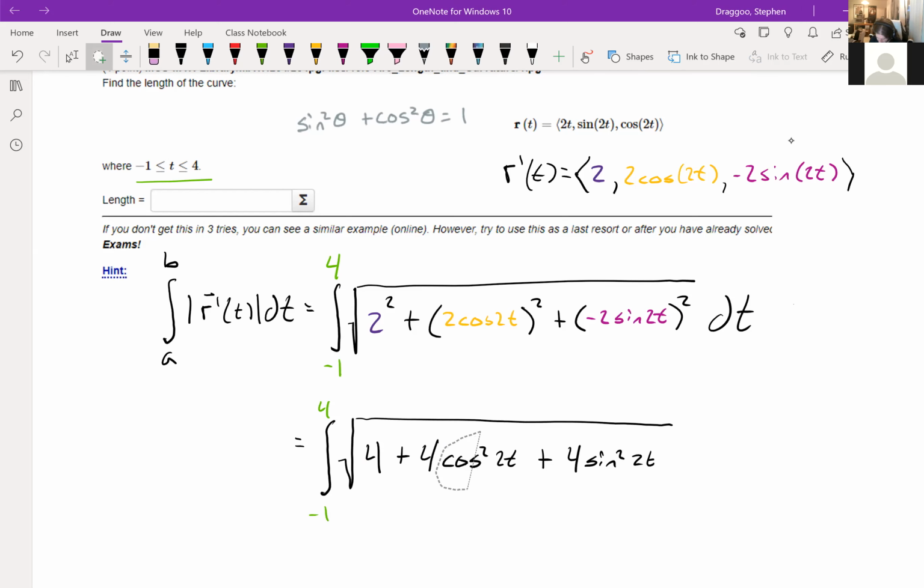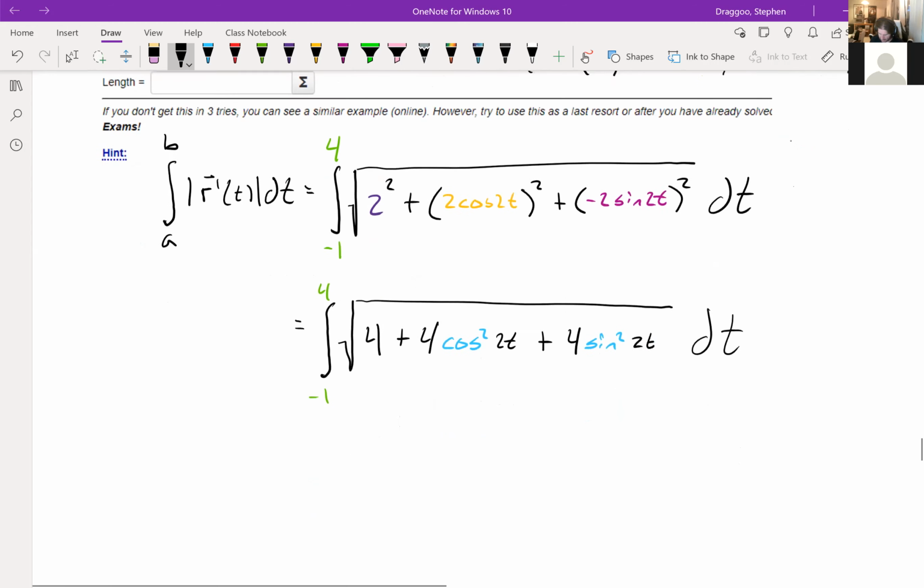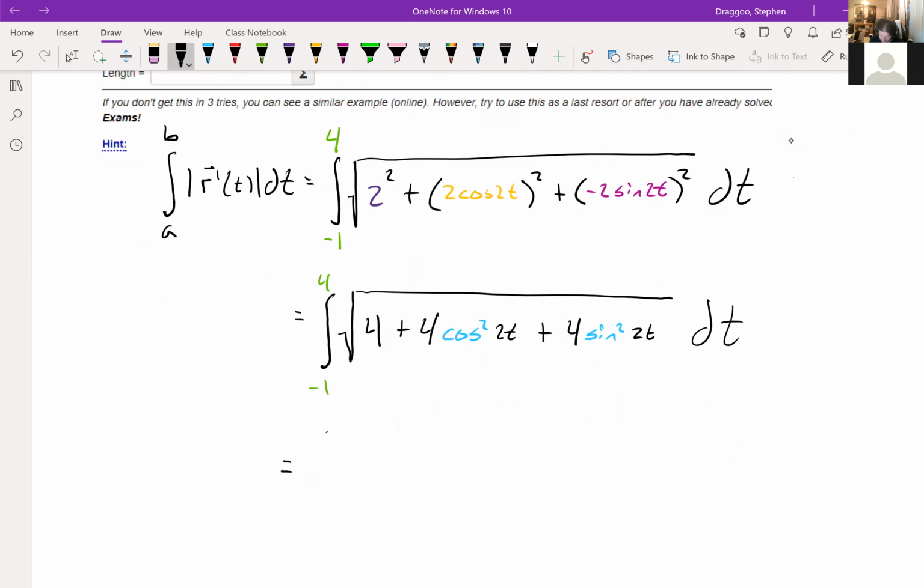And then let's take a look at these two pieces. Hopefully I got it all. Yeah. So I've got a 4 cosine squared plus 4 sine squared, where both of those angles are the same angle. Suppose I should also slap the dt on there. So I'm going to use that trig identity that I had up at the top. Sine squared plus cosine squared is equal to 1.